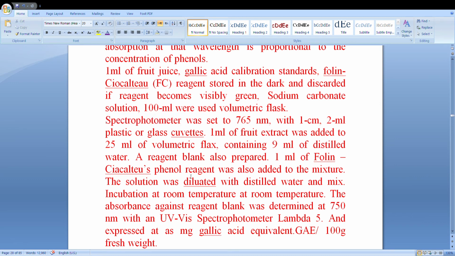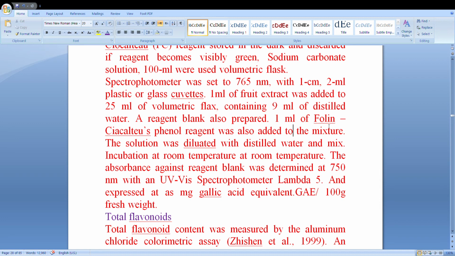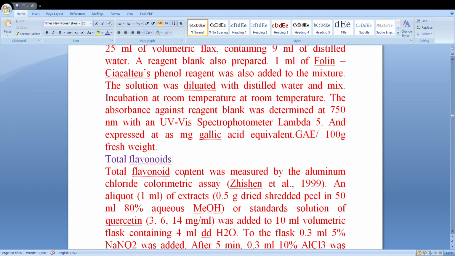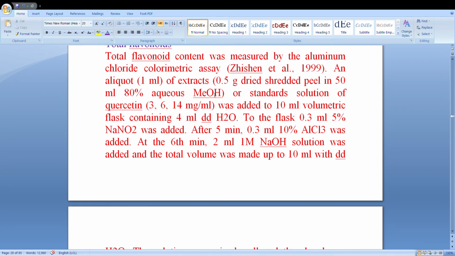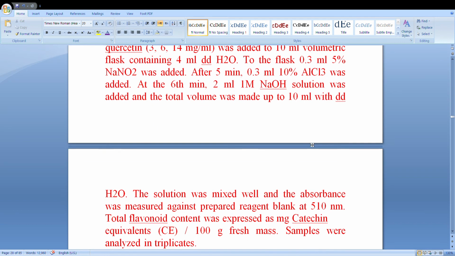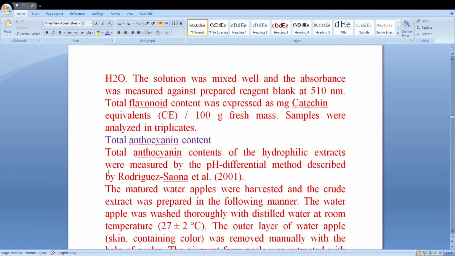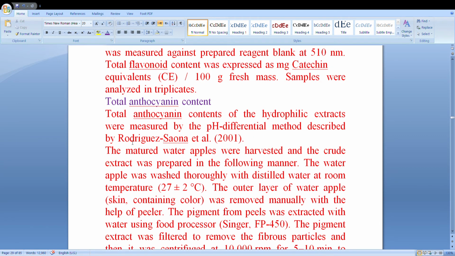He used a spectrophotometer at 765 nm, and this is almost the same as the Folin standard reagent method. Total flavonoid content he also measured by the aluminum chloride colorimetric assay, using different reagents like methyl hydroxide, sodium nitrate, aluminum chloride, and sodium hydroxide. So these are the different types.